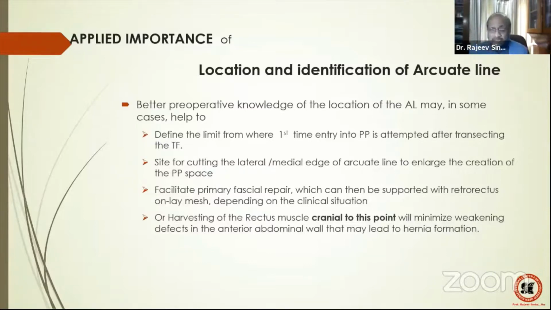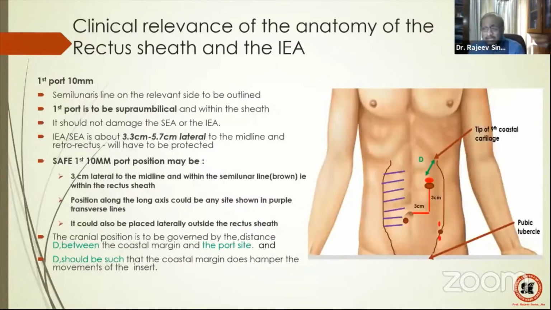Why? Because the abdominal wall is being supported by the posterior rectus sheath. If you have a high arcuate line, then a lot of abdominal wall would be without any lower support. It also defines the cranial point above which the rectus abdominis can easily be harvested as a myofascial flap. So, that is the clinical relevance of all this.